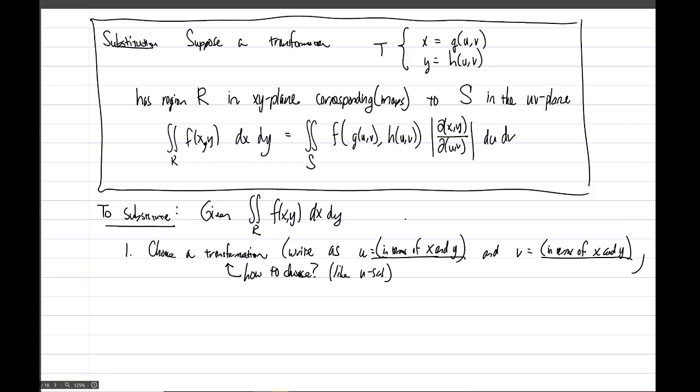We're going to mostly leave out a discussion of this for now and come back to it, but we'll just say that you might need to sketch this. So you're given that integral, so you might need to sketch R to choose u and v well.